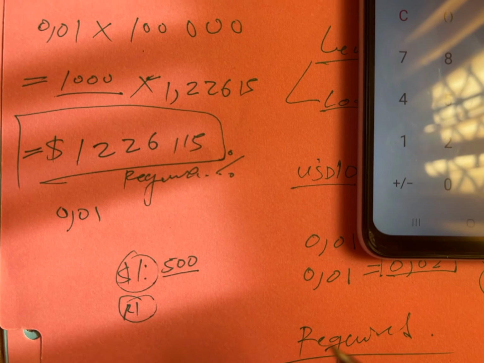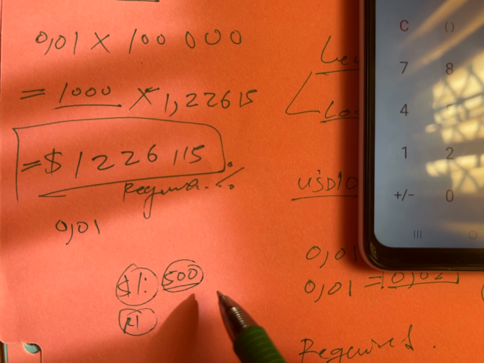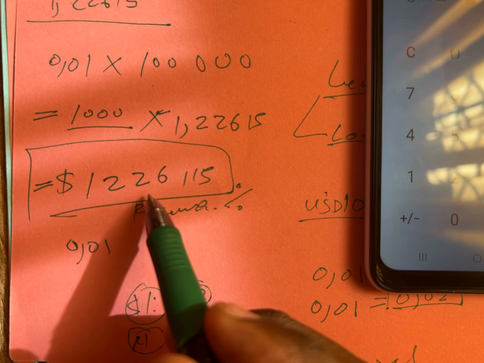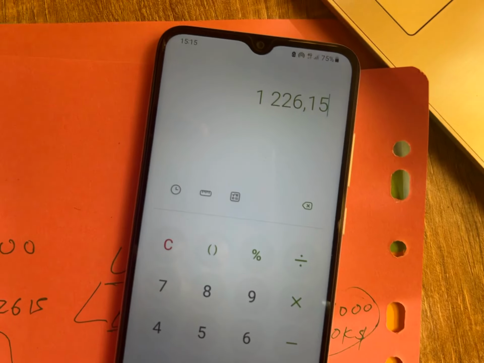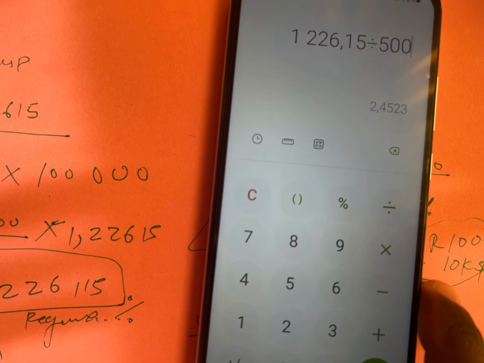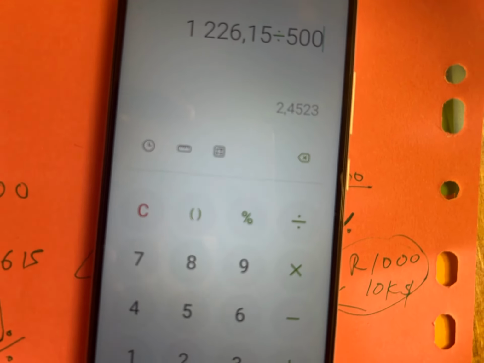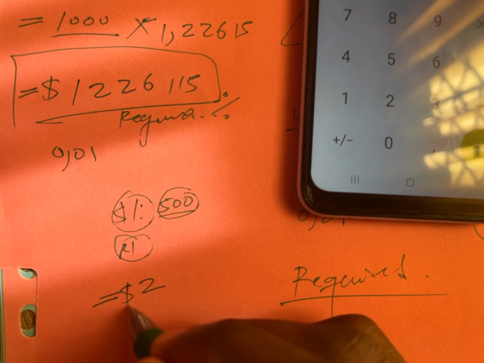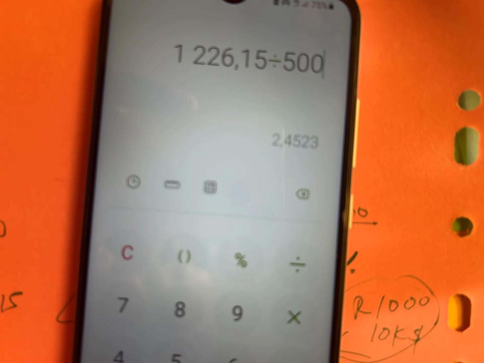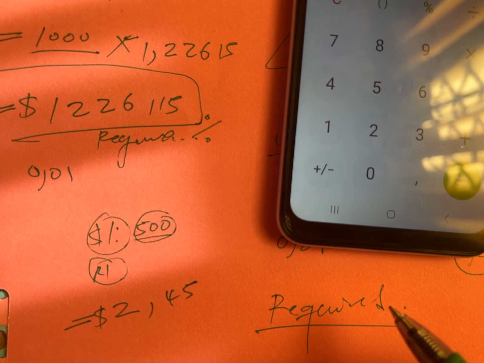That's simple math. Then we take this and divide by 500, we get 2, which is $2, and we take two numbers after the comma, which is 245.